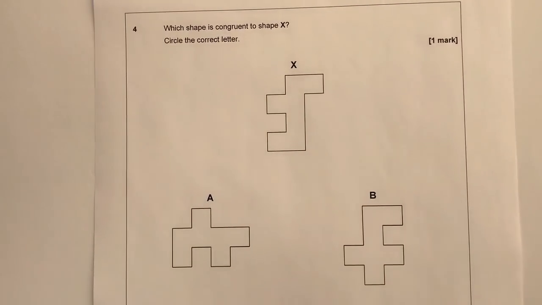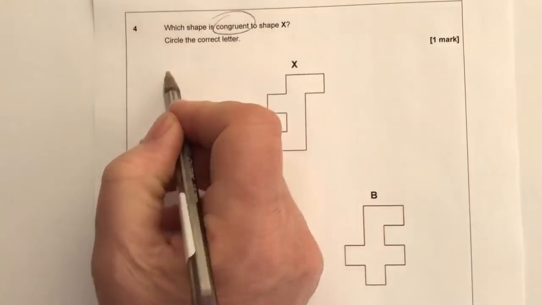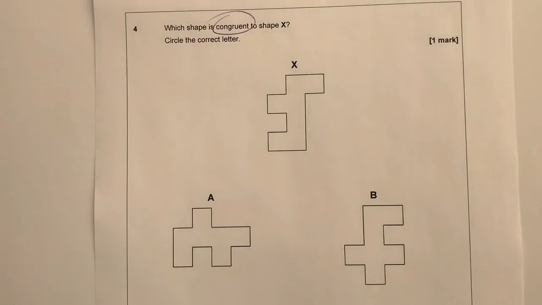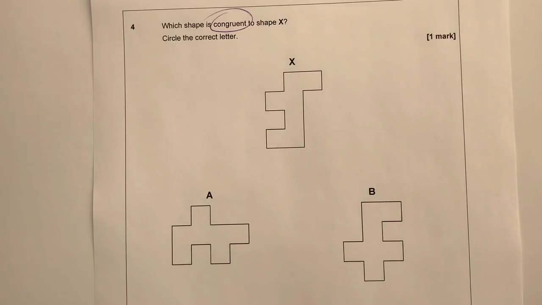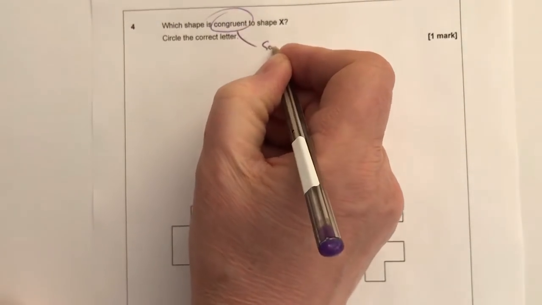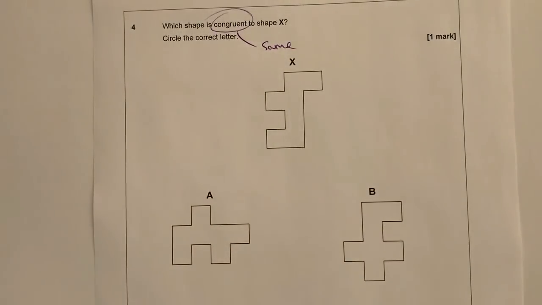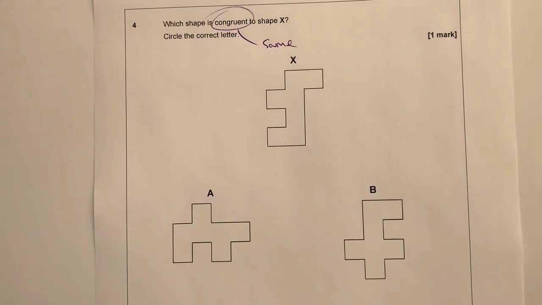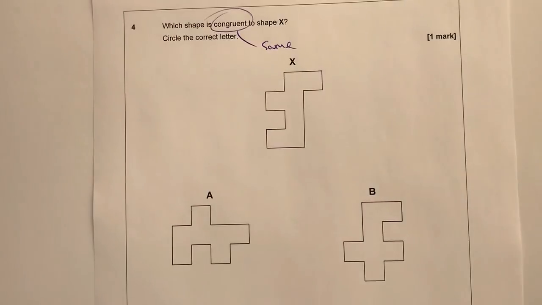Question number 4 introduces this concept of congruency. Congruency is a mathematical word that they tend to like, and basically all they mean is which shape is the same as shape X. It's one of those situations where you just need to be able to see it and work your way through how these shapes will look.